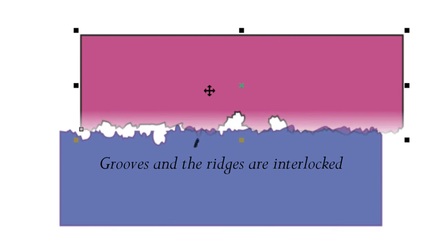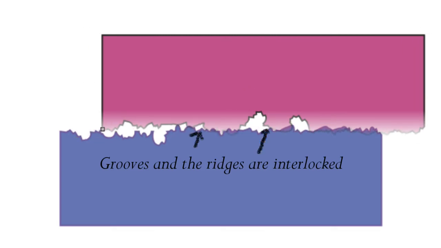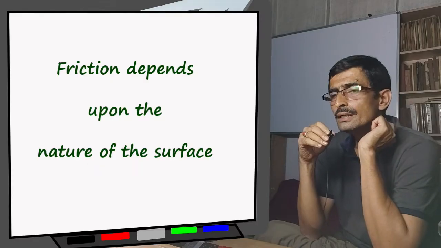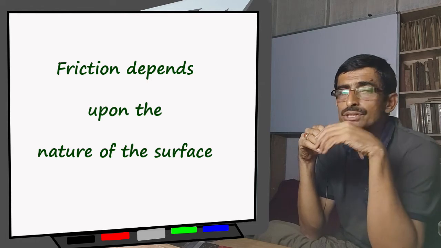If one object with some roughness tries to move through another rough surface, those grooves and ridges get caught with one another and the movement gets disturbed. The amount of this disturbance is very less in case of a smooth surface. So we can conclude that friction depends upon the nature of the surface.